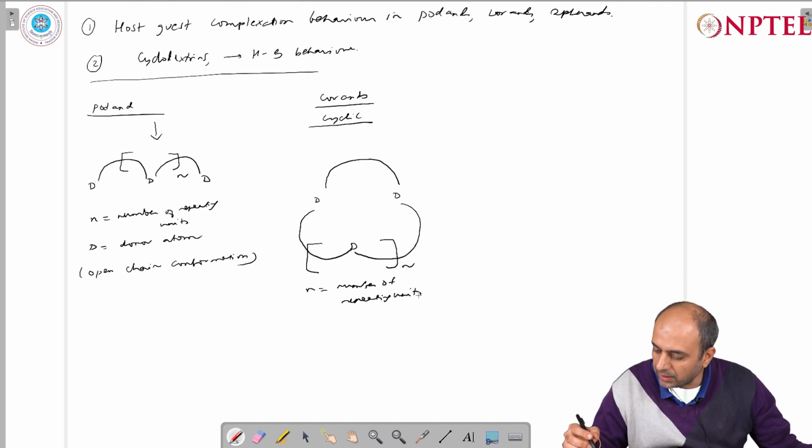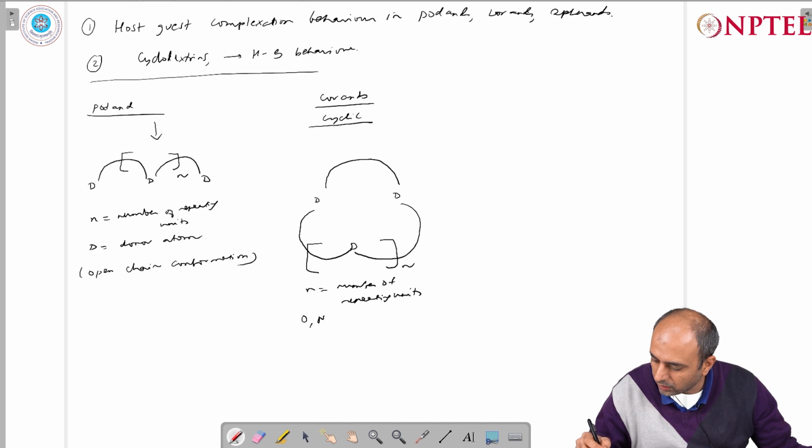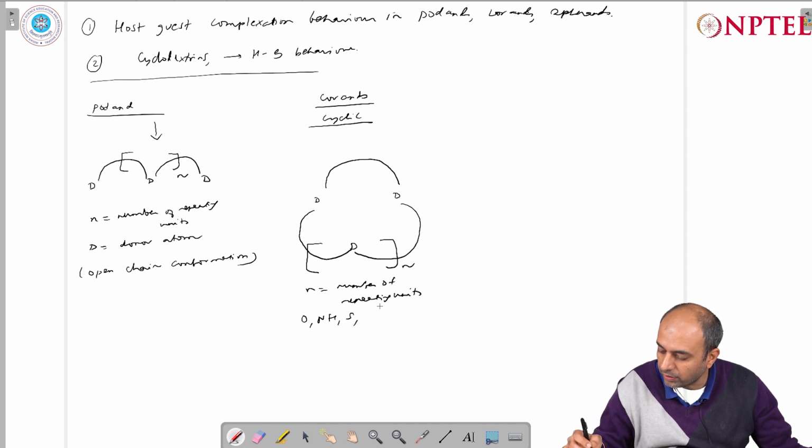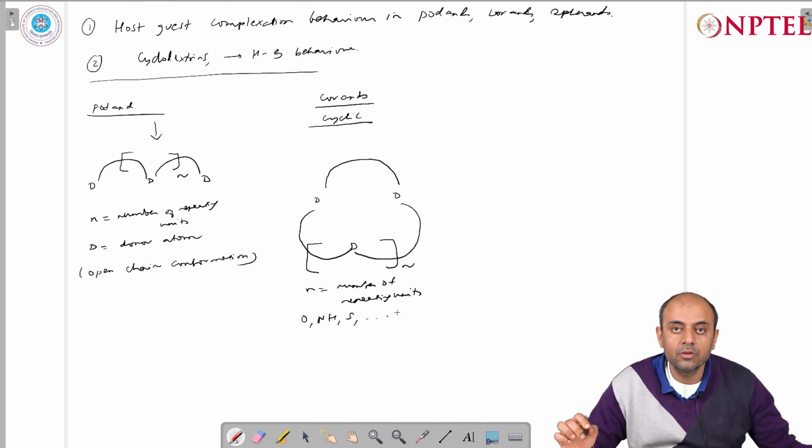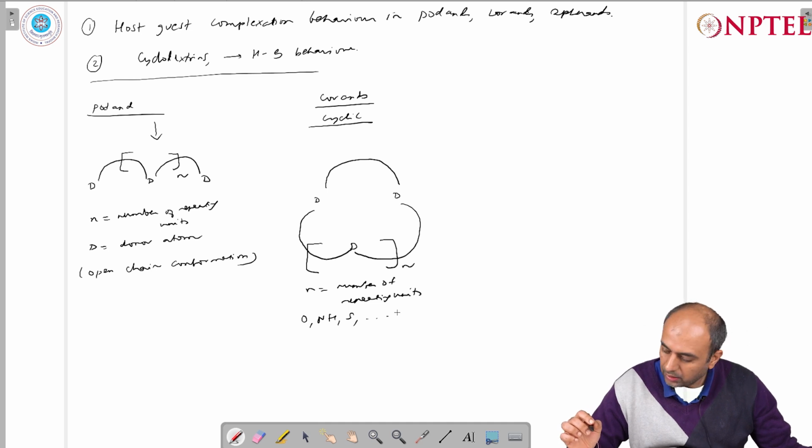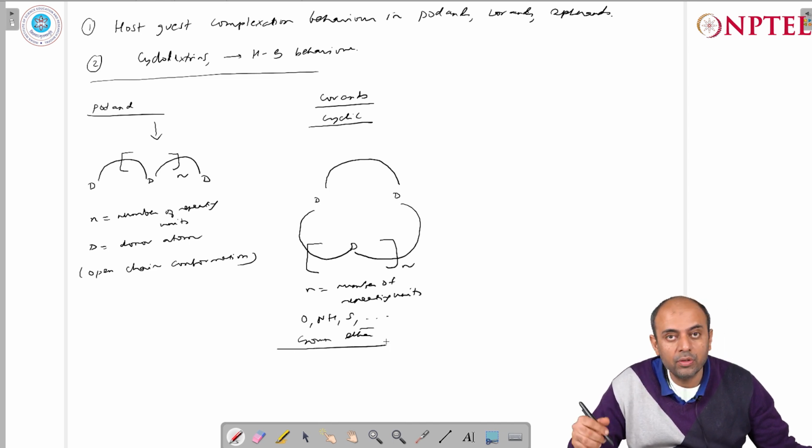And donor atoms can be oxygen, NH, sulfur, and so on and so forth. So this constitutes what we call corands, and when the donor atom is oxygen, this constitutes a special class of molecules which we call crown ethers, and we will be looking at the properties of crown ethers in more detail.